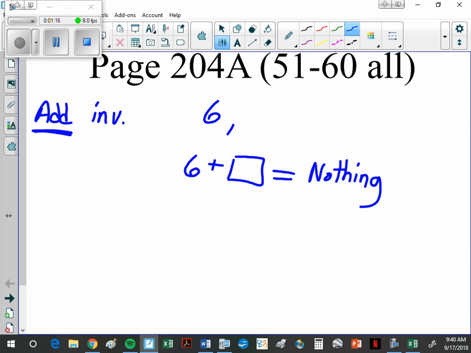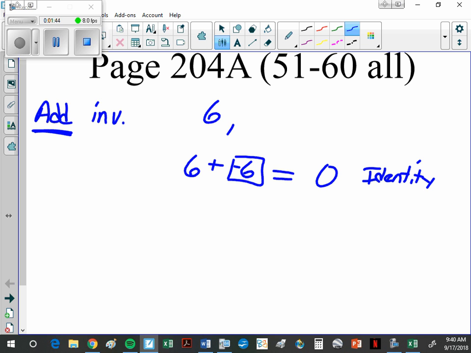But we don't really call it nothing. We call it the identity, which in this case is 0. 6 plus what number is 0? Negative 6. Okay, so 6 and negative 6 are inverses, and you have to say inverses with respect to addition.